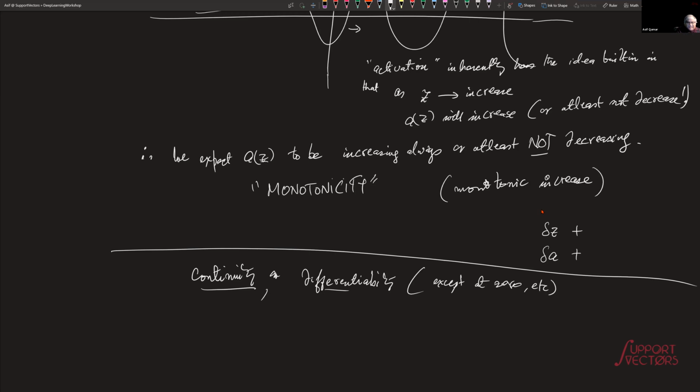But the conditions that can be broken are boundedness and monotonicity. It turns out that a little bit of violation of monotonicity is okay.